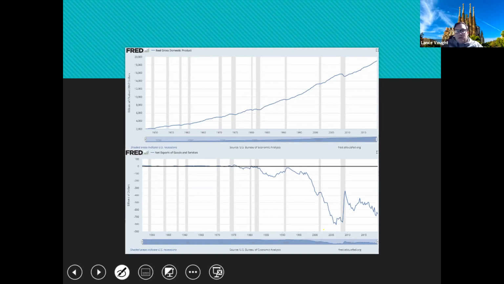The top graph indicates the change in real gross domestic product. We'll get to talking about what real means in the short future. Basically, we need to convert our variable of GDP into a variable that adjusts for inflation.